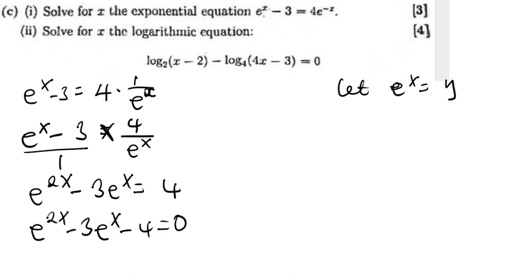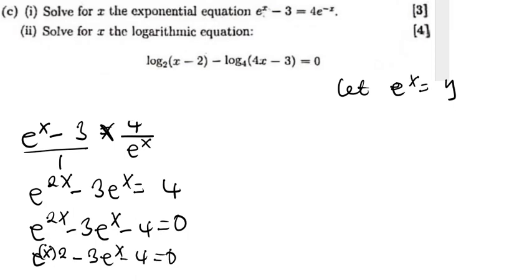So e raised to the power x, then raised to the power 2 outside, minus 3 e raised to the power x, minus 4 is equal to 0.